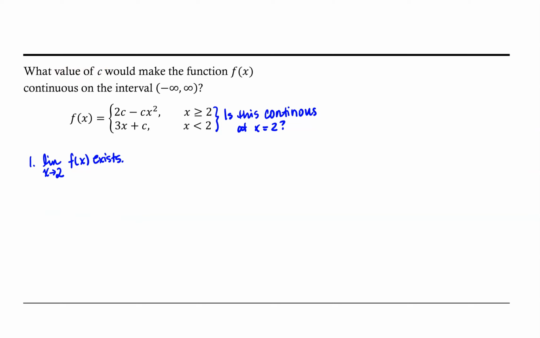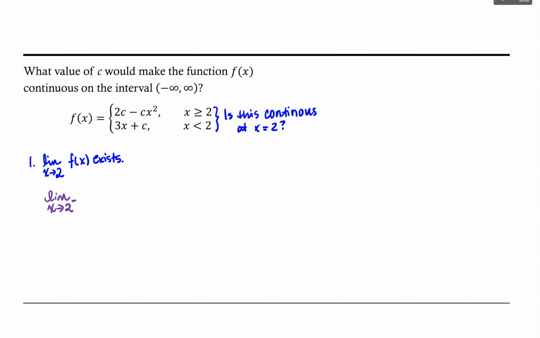So let's go ahead and start by trying to create a condition under which this limit as x approaches 2 of our function actually exists. So let's first look at the limit as x approaches 2 from the left.